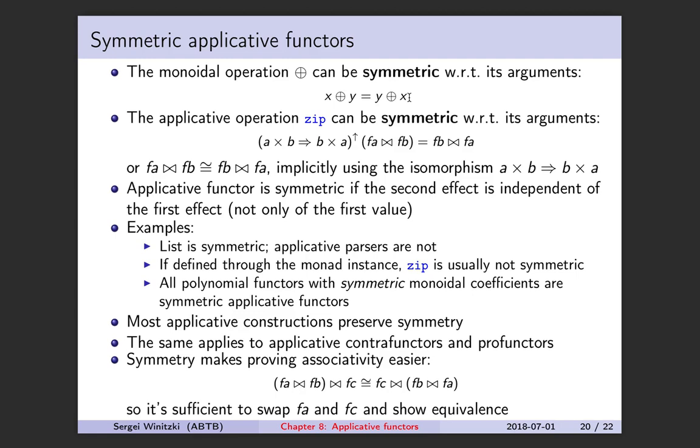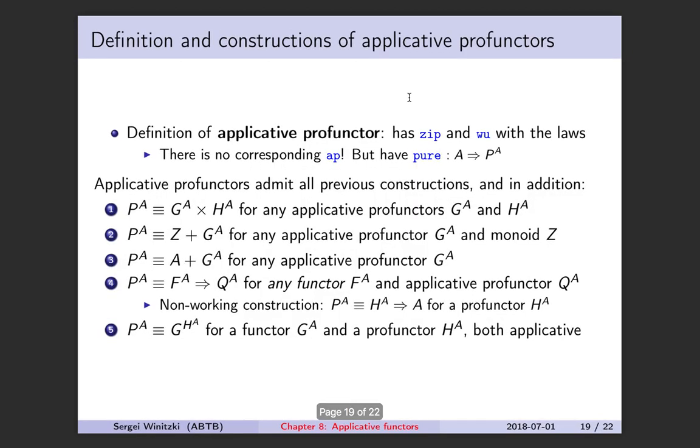Now, it's interesting to say that, first of all, most of our constructions preserve symmetry. So if you think about how we defined all these constructions, at the last portion there was zip in this functor, and it was symmetric in how you provided arguments for this zip. So if G is symmetric, then this is also symmetric. If G and H are symmetric or commutative, then this is also commutative, and so on.